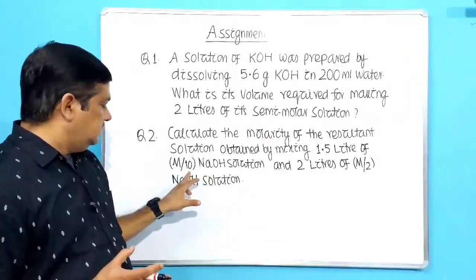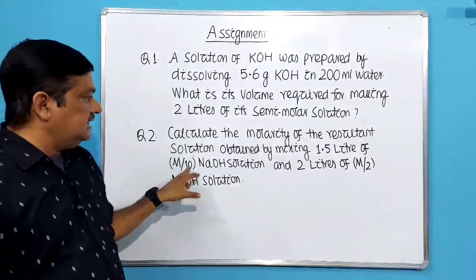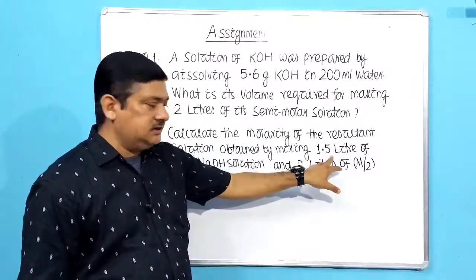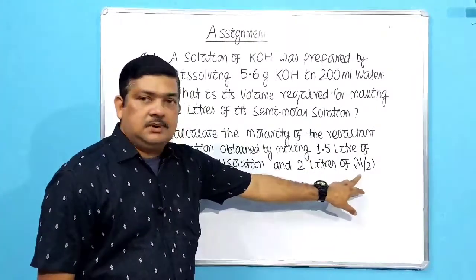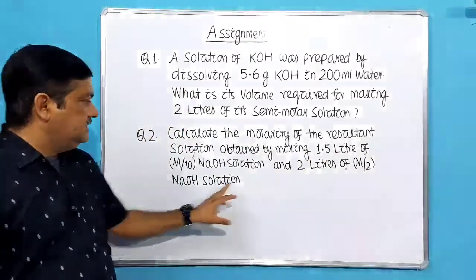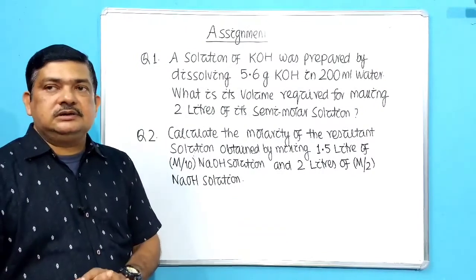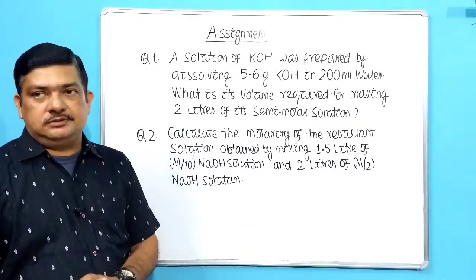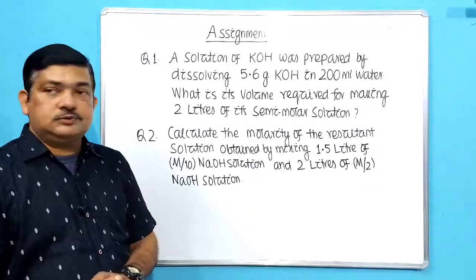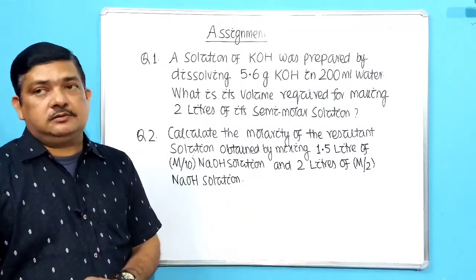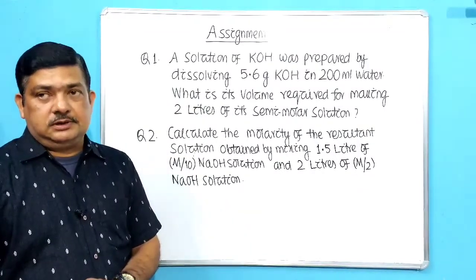One solution is of strength M by 10, volume is 1.5 liter. Another solution is of strength M by 2, volume is 2 liters. So when we add them, the final solution, this molarity you have to find out. Okay. So solve these two and send it to me through my WhatsApp number.